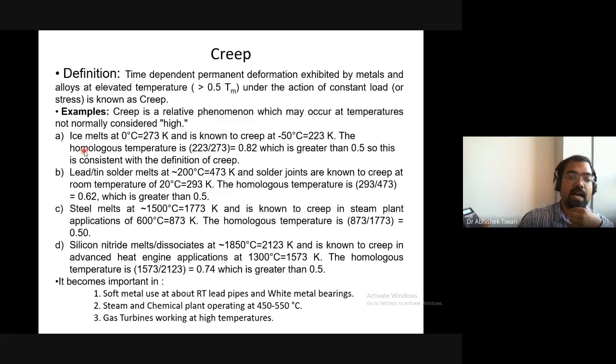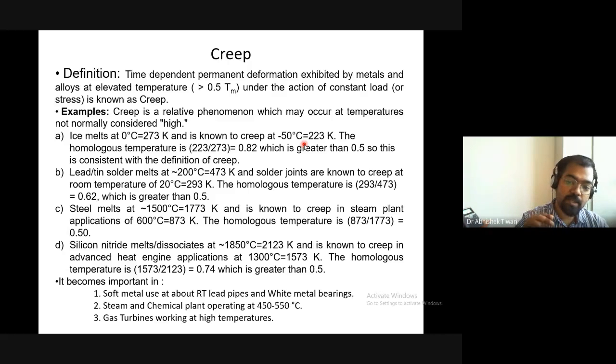For example, for ice, the melting temperature is 0 degrees Celsius, right? So creep for ice will be happening even at lower temperatures, so negative temperatures. At minus 50 degrees Celsius, you can find that the ice is creeping. And this is very important in avalanche studies. In glaciers, for example, you have layers of ice over ice.